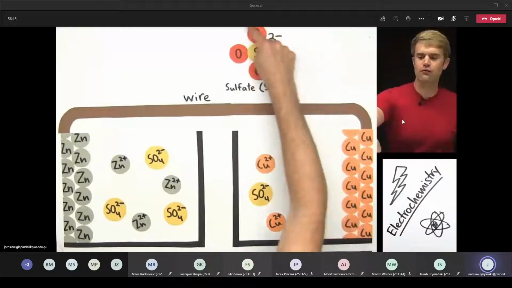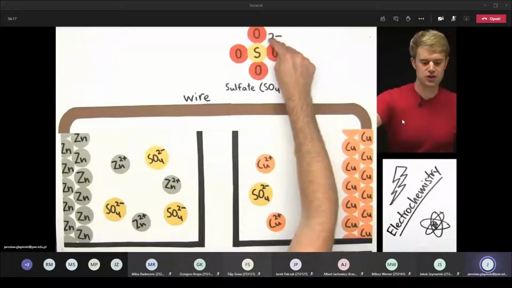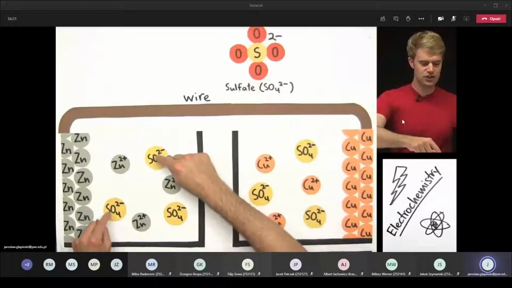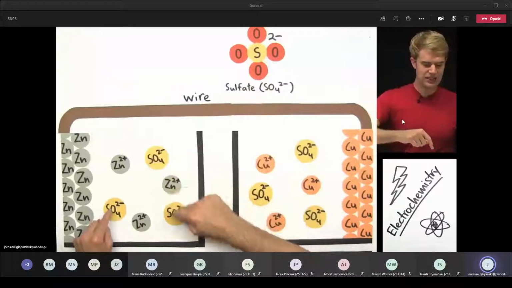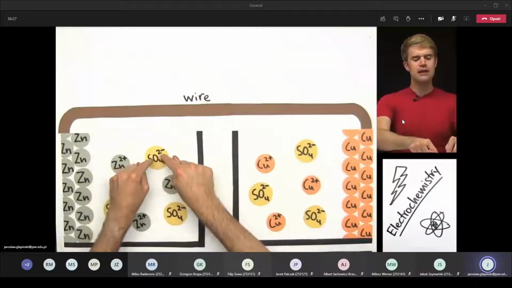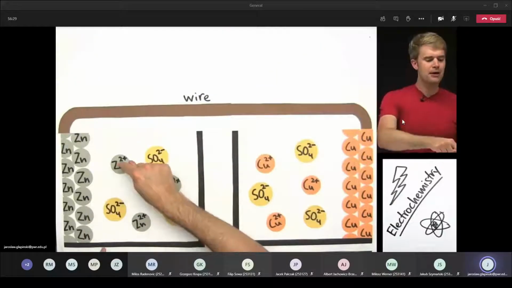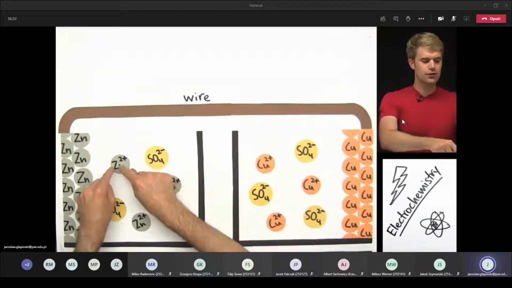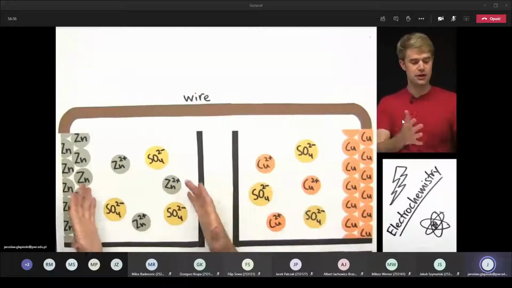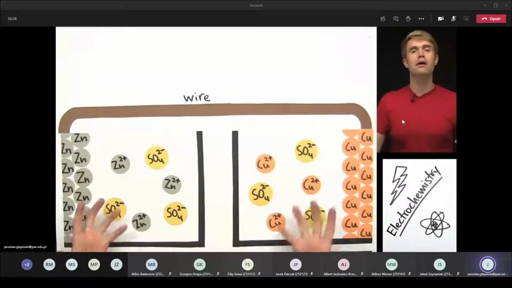It's a sulfur with 4 oxygens, and the whole thing has a 2- charge. I didn't want to have to keep drawing this, so I've just abbreviated these as SO4 2-. But the point is, the negative charge from the sulfate balances out the positive charge from the zinc or from the copper. So right here in my two half cells, the charges are balanced out.